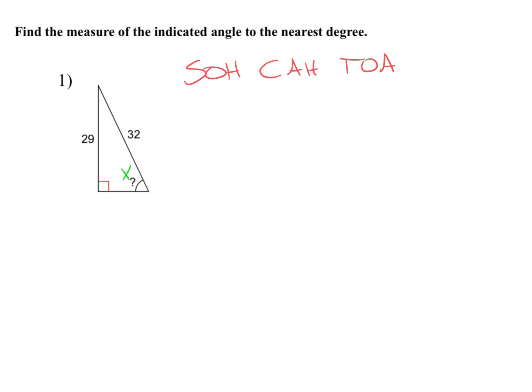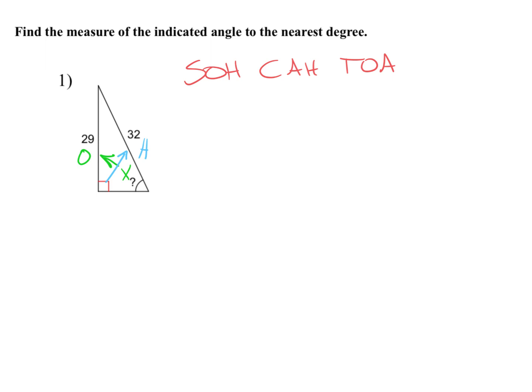So write an X at that question mark. Now that 29, is that opposite, adjacent, or hypotenuse from the X? Opposite, because it's across from it, right? And then what is the 32? Hypotenuse. How do we know it's a hypotenuse? Good, it's across from the 90. So that's my hypotenuse.